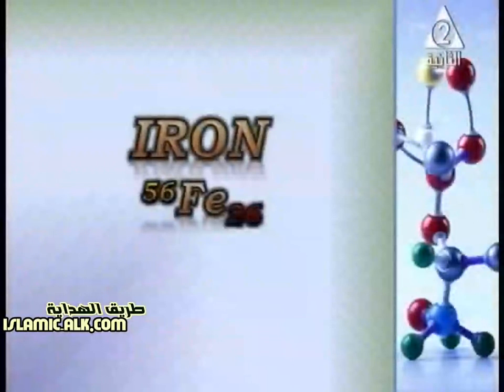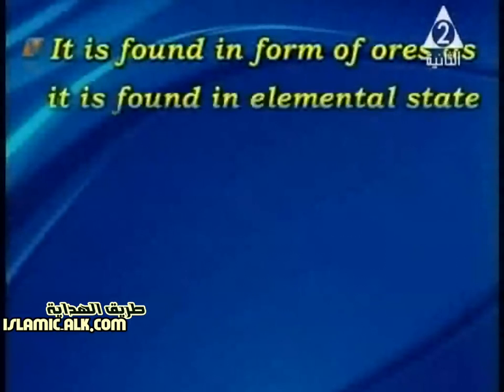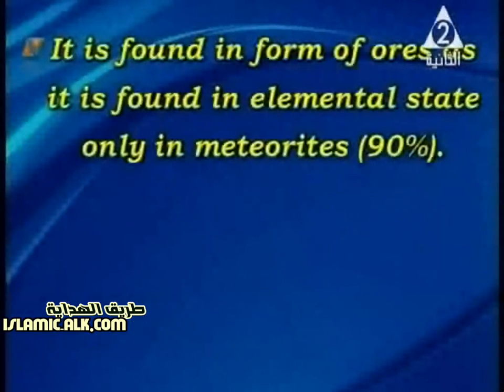Iron has the symbol Fe, atomic number 26, and atomic mass 56. Iron is found in the form of ores, as it is found in elementary state only in meteorites by 90%.